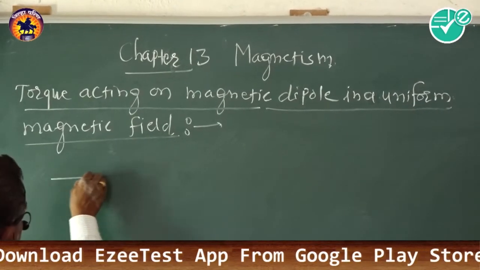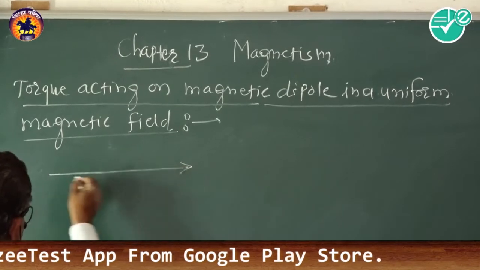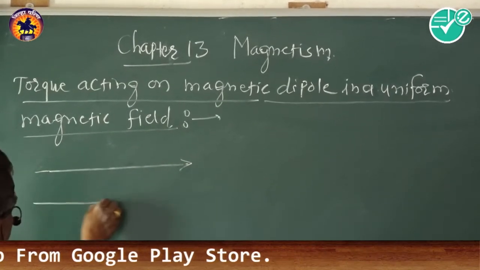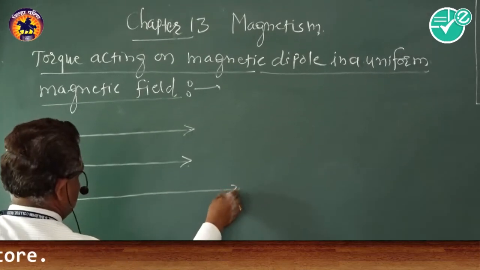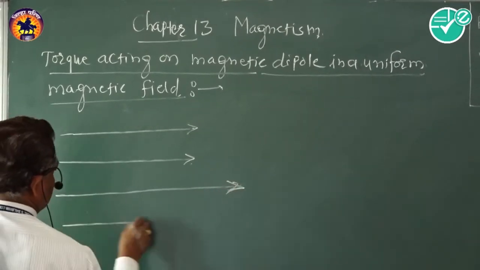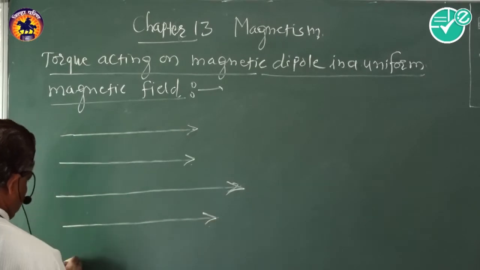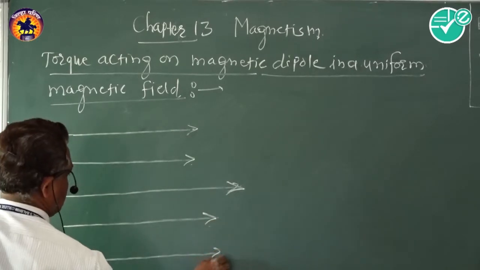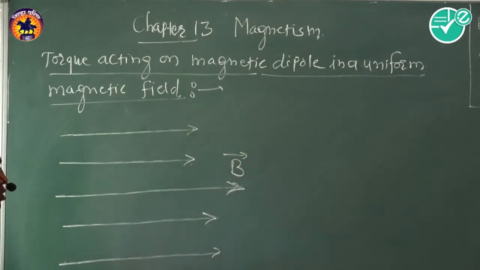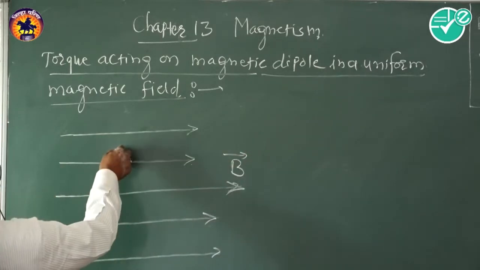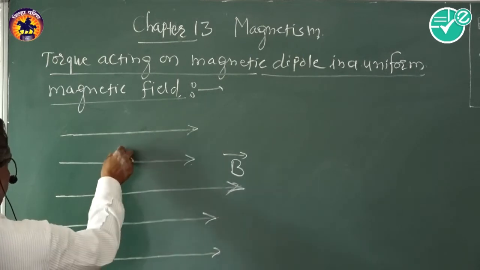Suppose this is a uniform magnetic field B, that is uniform magnetic induction, and this is a magnetic dipole.